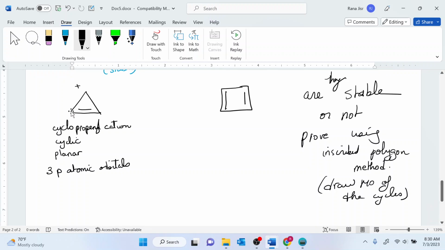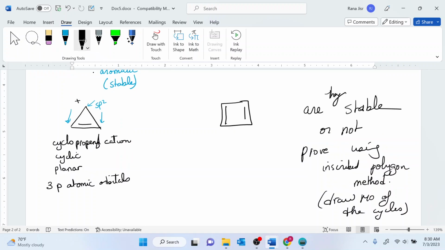Each double bond is a 2p atomic orbital, and this carbon over here has an empty p atomic orbital because it is a carbocation. All of these carbons are sp2 hybridized, all of them. So 3 p atomic orbitals implies 3 pi molecular orbitals. The number of electrons is 2 pi electrons.